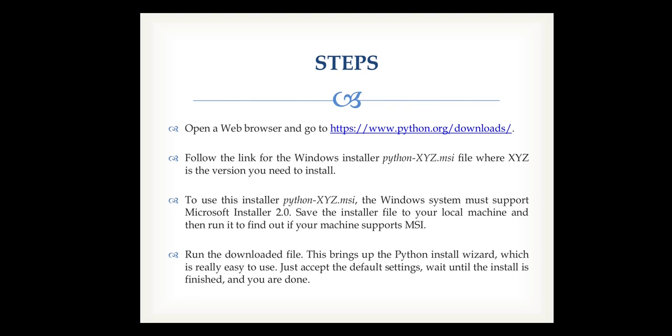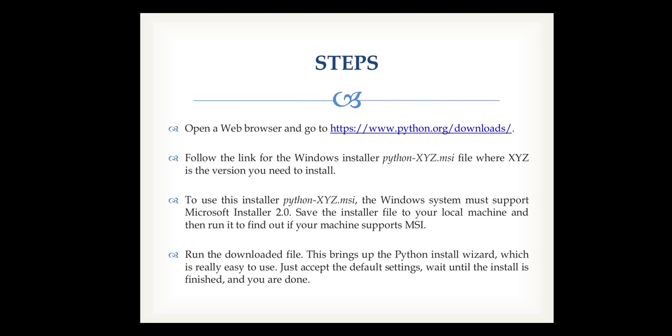Save the installer file to your local machine and run it to find out if your machine supports MSI. You have to check, meaning you have to download the support file also, that is Microsoft Installer 2.0, and check whether this file is supported by your local machine or your Windows or not.